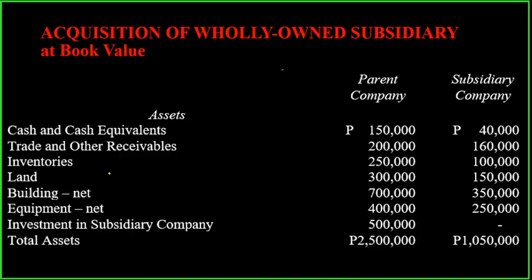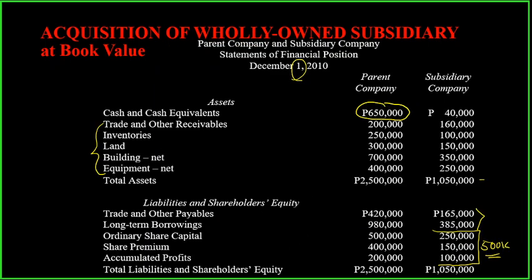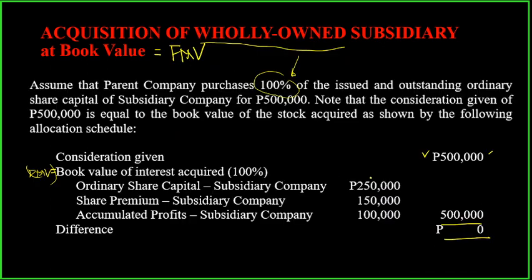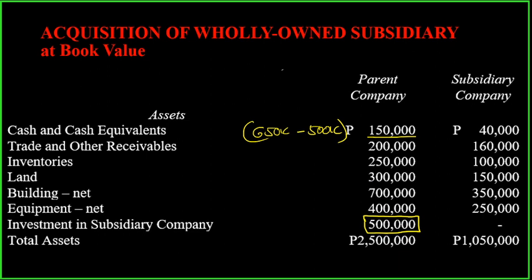Now after the journal entry, we expect that your cash will now be lower by 500,000. And that is 650,000 initially minus 500,000, coming from the acquisition. And there is now a new asset which is 500,000. Ayan. So as you can see, the asset before, which is 2,500,000, and the asset after the acquisition is the same. Okay, doon po sa parent.